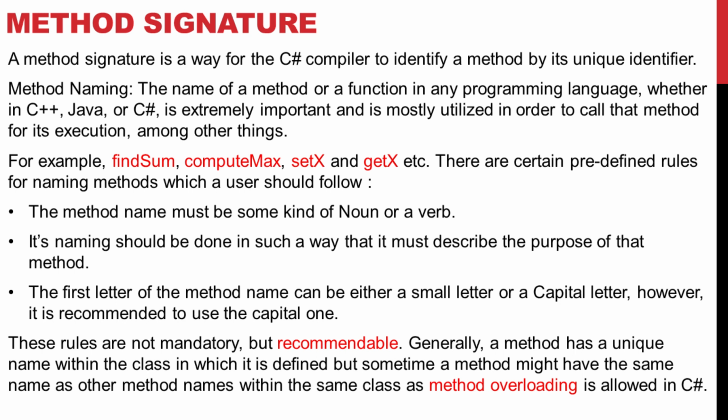Its naming should be done in such a way that it describes the purpose of that method. The first letter of the method name can be either a small letter or a capital letter, however, it is recommended to use the capital one. These rules are not mandatory, but recommendable. Generally, a method has a unique name within the class in which it is defined, but sometimes a method might have the same name as other methods within the same class, as method overloading is allowed in C#.